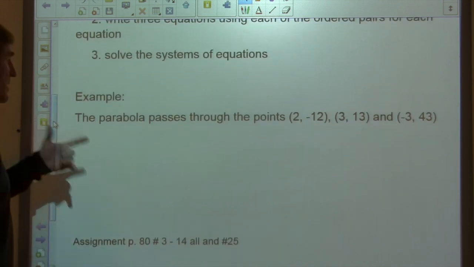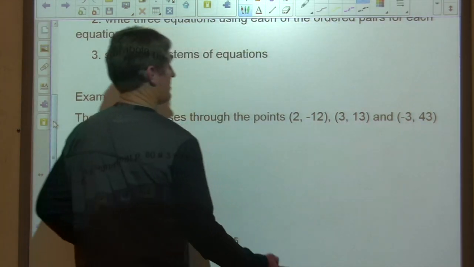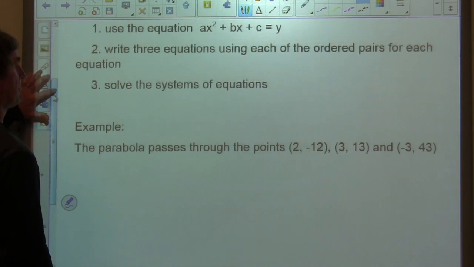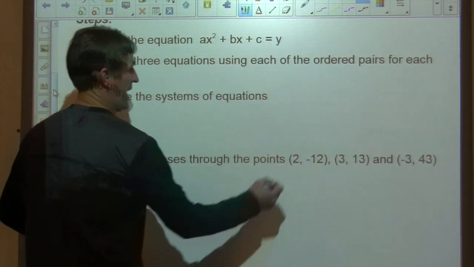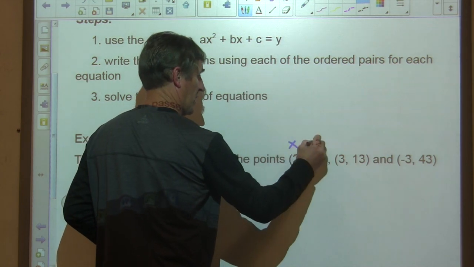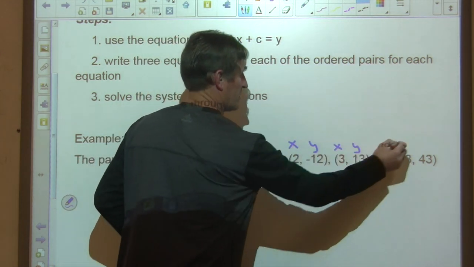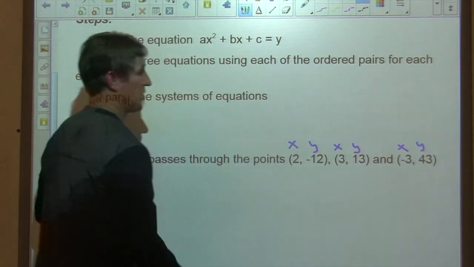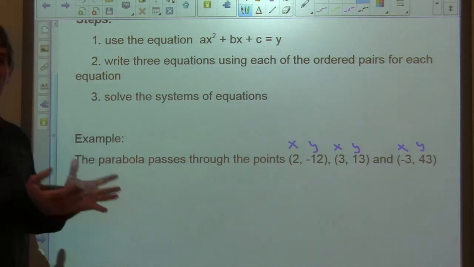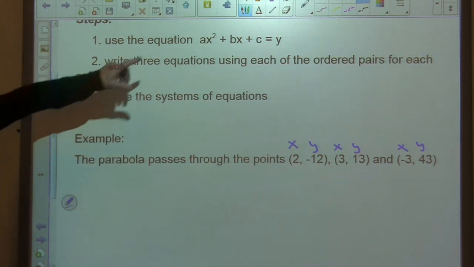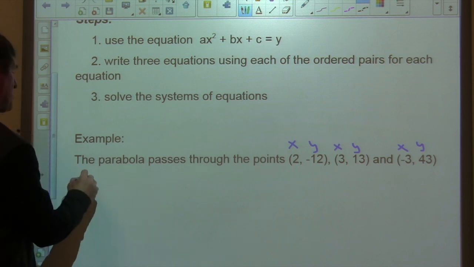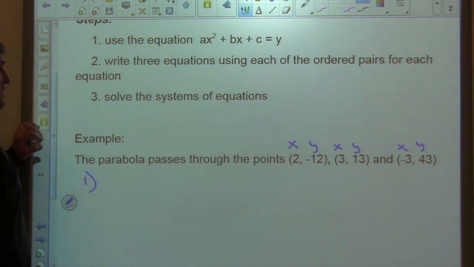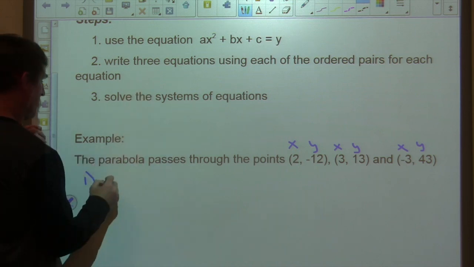So, remember, we're using this equation, and remember what these are. These are x, y. So you're going to use one set for each equation. So I'm going to go up here, and my first equation is going to be a, which we don't know.